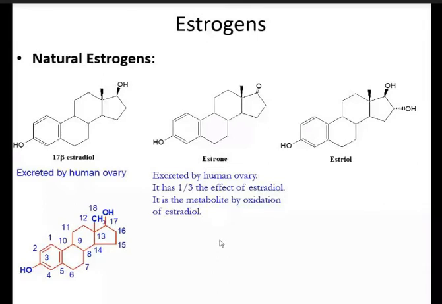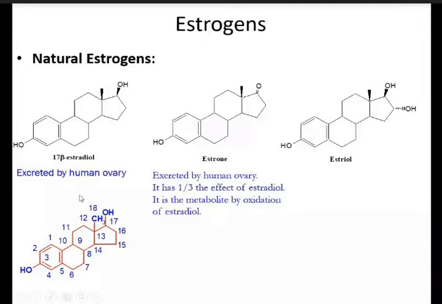This is the structure of estrone, because there is a keto group here, and this is estriol. This compound is mostly excreted in urine, and it has 3 hydroxyl groups. So these are the 3 naturally occurring estrogens.